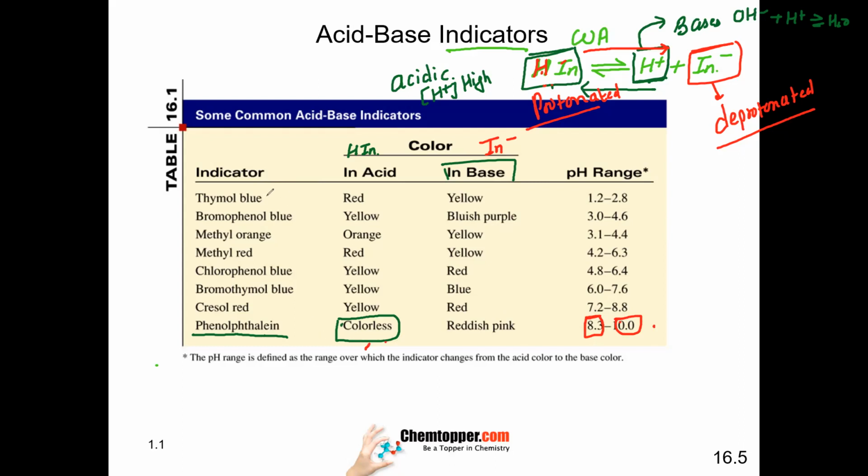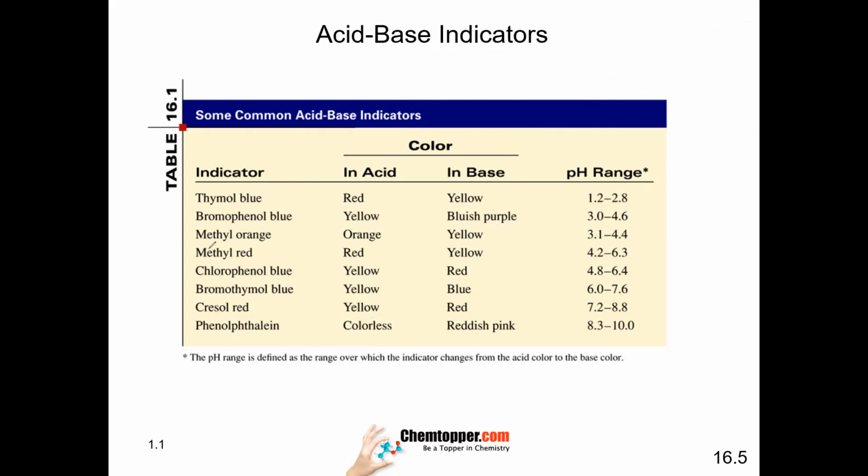Like thymol blue. Below 1.2, it is red. Above 2.8 is yellow. Generally, these are very less used because you can see their pH range is not so good. The most important is this one, methyl red.